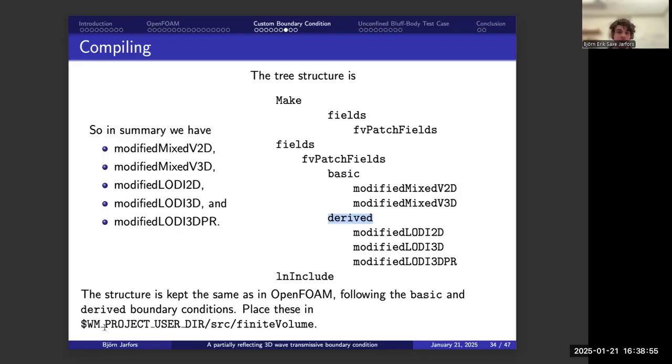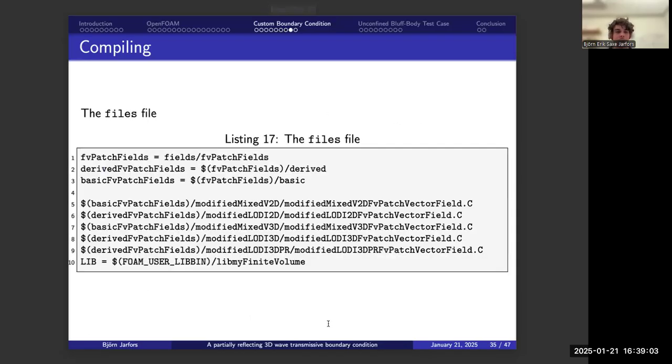And we place this in the user directory source finite volume directory. And for the compiling, you simply include all of the different codes which are to be compiled.